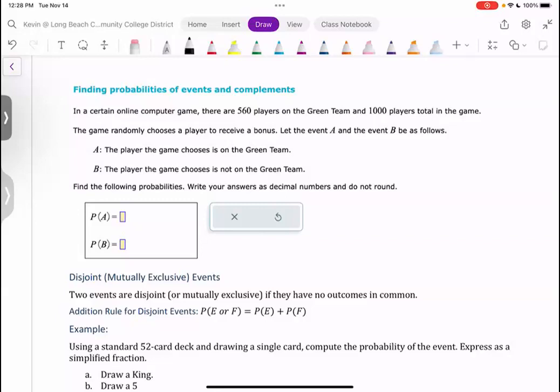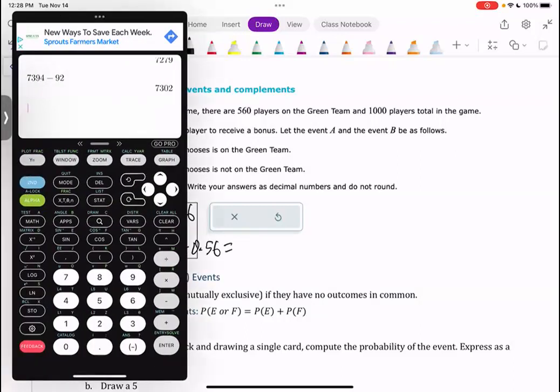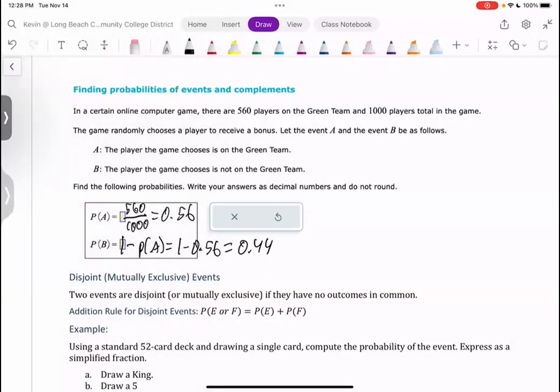So probability of A is going to be 560 out of 1,000. And for part B, that is not green team, this is going to be 1 minus probability of A. So a 44% chance of not being on the green team. Not too bad.